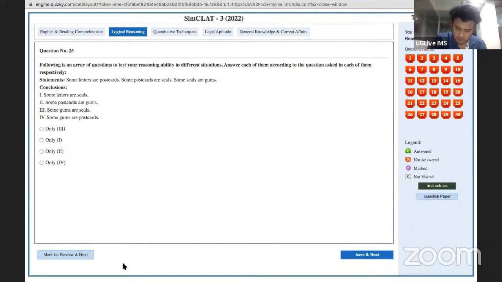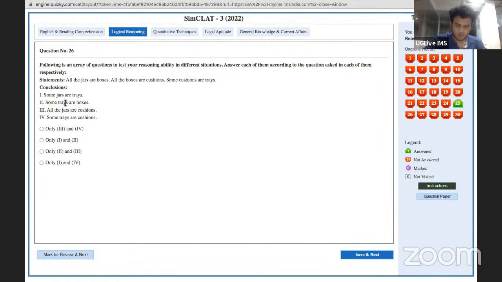Some postcards are seals. Some seals are gums. तो ऐसे ऐसे ऐसे बन गया. ऑडी वाले शेप में स्ट्रक्चर बन गया. Some letters are seals नहीं हो सकता है. Some postcards are gums भी नहीं हो सकता है. जरूरी नहीं. Some gums are seals ये है जरूरी. Some gums are postcards ये भी जरूरी नहीं. तो only 3 होगा ऑप्शन.